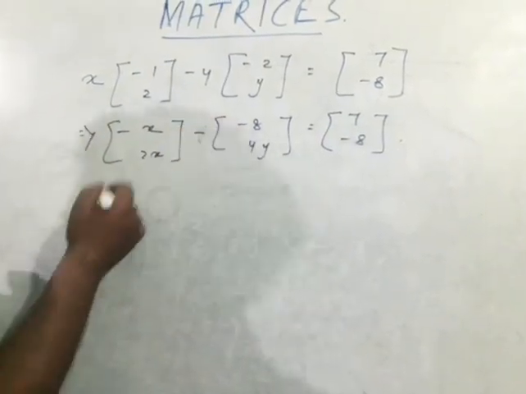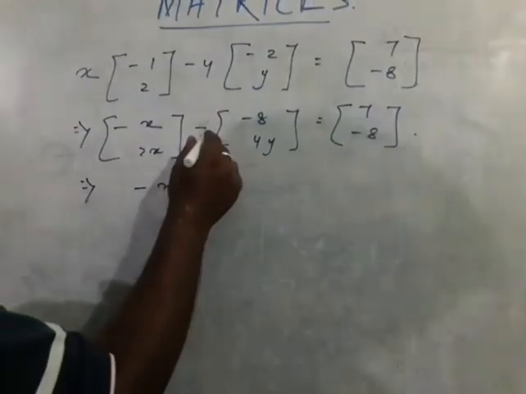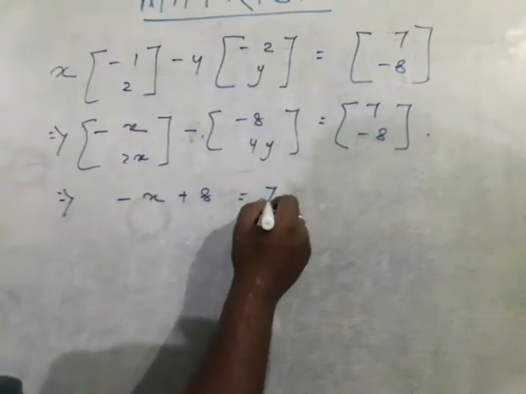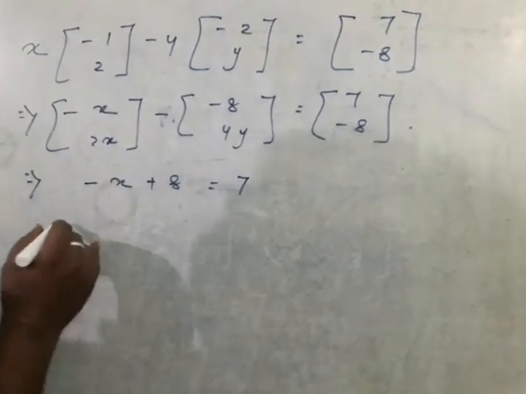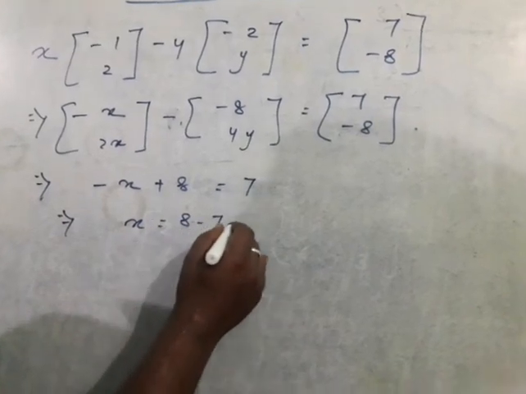The first equation is minus x minus minus 8, meaning plus 8, equal to 7. From this, x is equal to 8 minus 7, which is equal to 1.